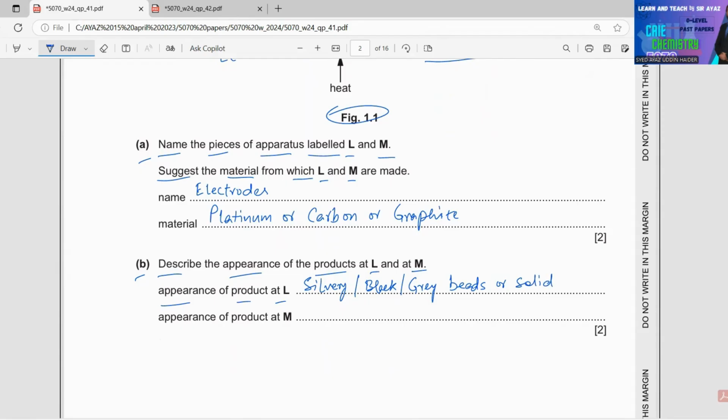You can even write liquid because it's molten, so you will get the molten form of the lead. What about the appearance of the product at M? At M, we are getting bromine. So we know at high temperature it exists as a brown gas, red-brown gas. So you write red-brown gas.